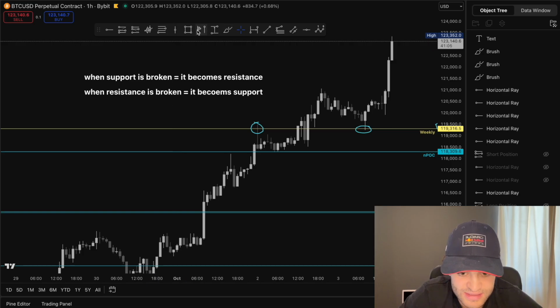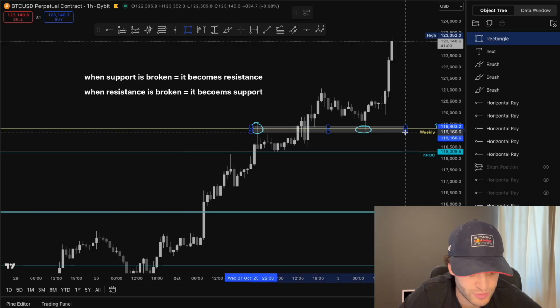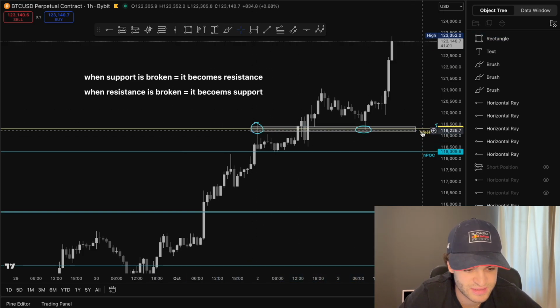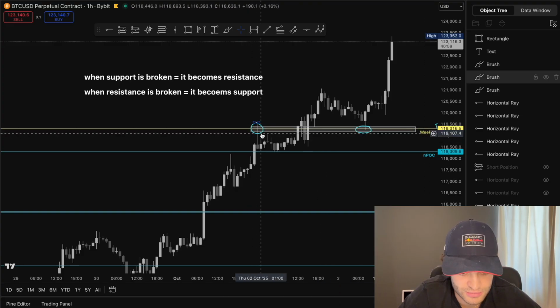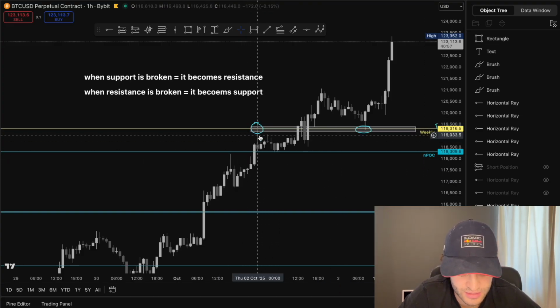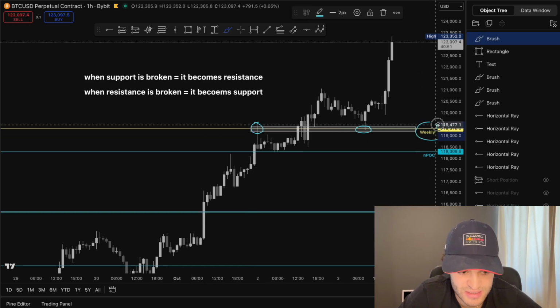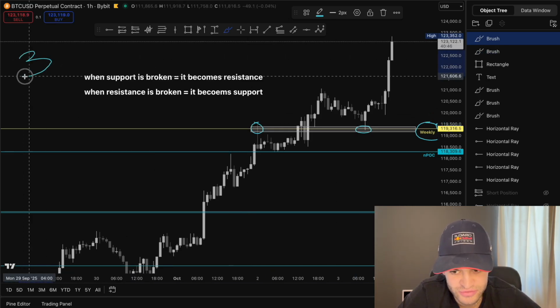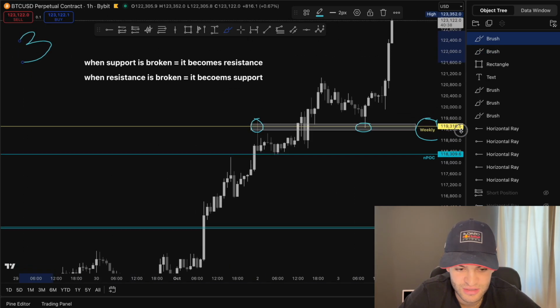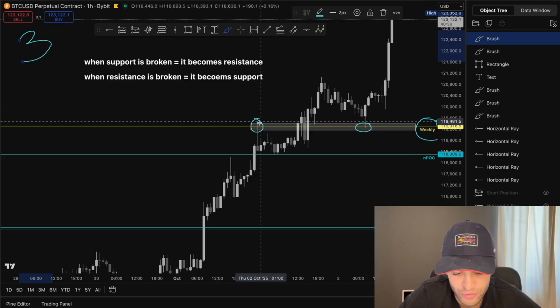And you can clearly see this right here, right? If we assume that this weekly is our resistance, right here, before we've touched it, this is a weekly resistance, don't forget. And once again, we're assuming that it is resistance based on one level, but in reality, normally it would have at least 3 levels of confluence. But for the sake of this example, this is our level of resistance.